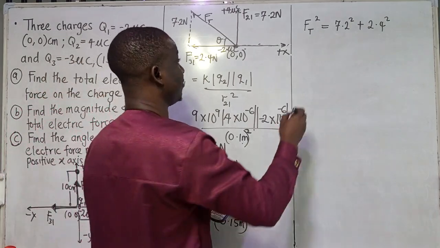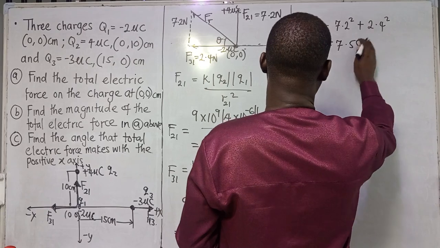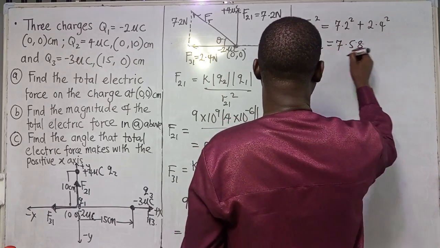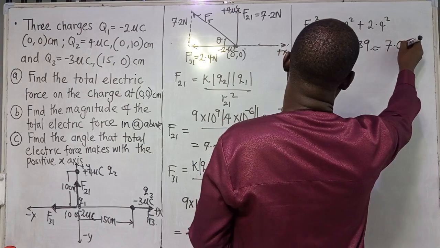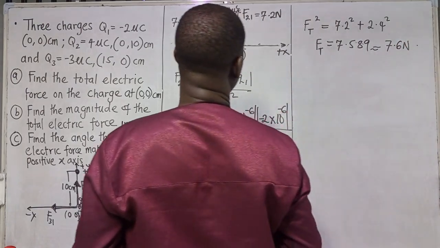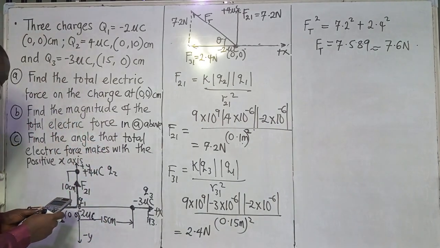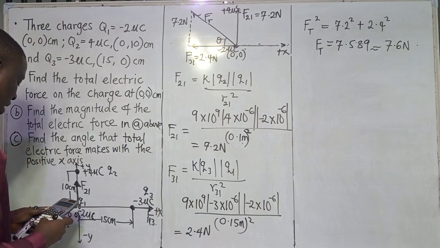Then what I would have is 7.58, so F total is approximately 7.6 Newton. So that's what I would have. You can confirm it by yourself to see whether there's any error, which I believe there's no error.